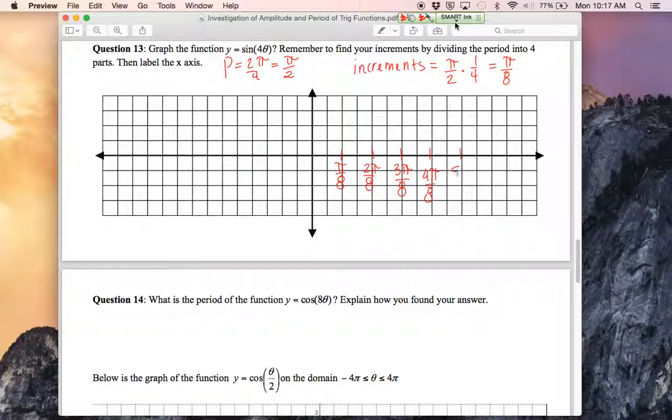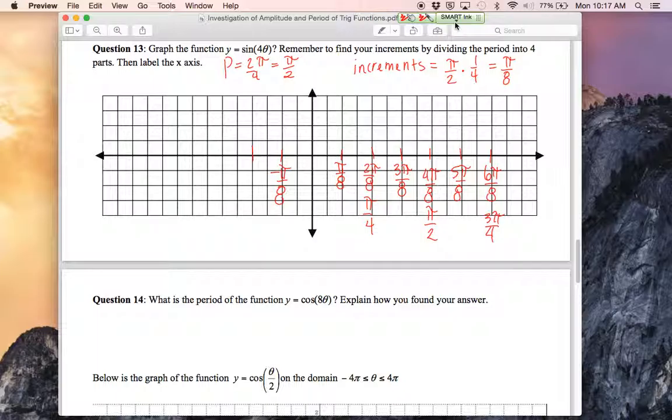We can keep going. 5 pi over 8, 6 pi over 8, and so on. This simplifies to be pi over 4. This to be pi over 2. This to be 3 pi over 4.